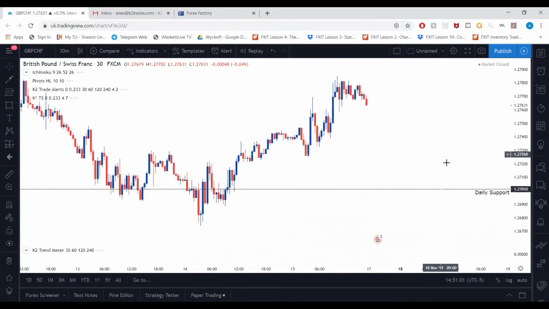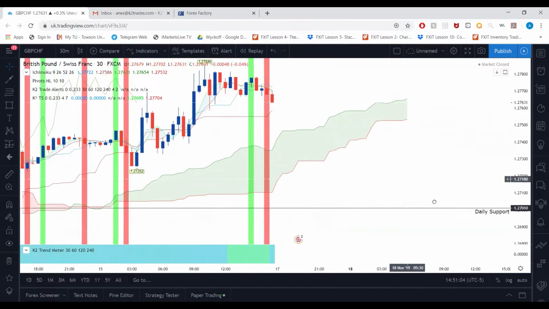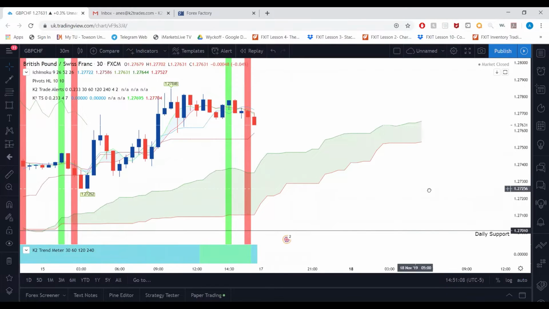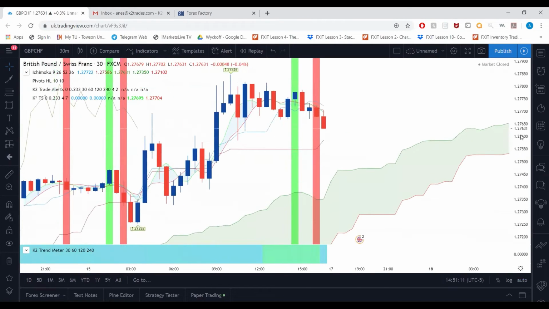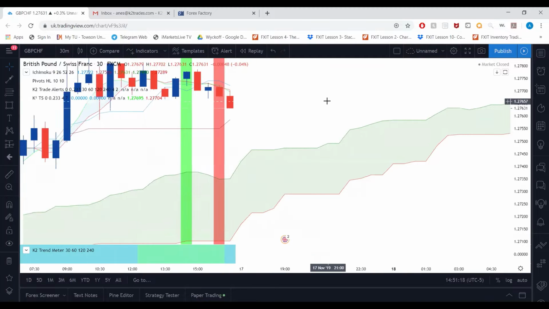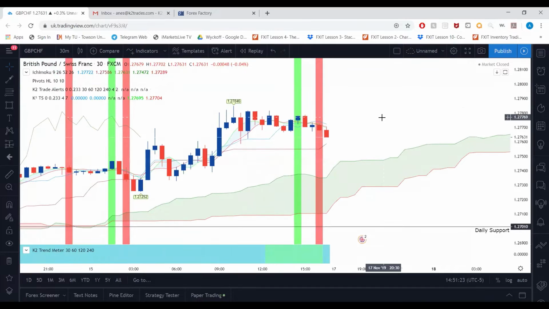For K2, it closed as a sell, but again, it's above the cloud, and the trend is not confirmed yet for this to be a sell. So me personally, like I said, there's nothing for me to trade here at the moment.